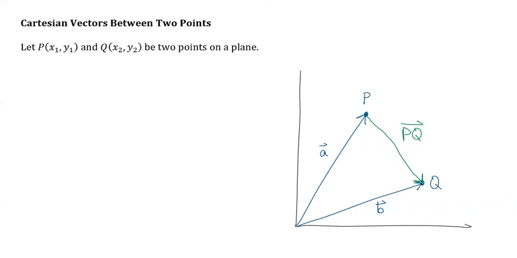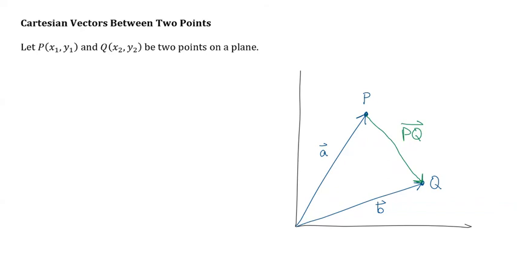Don't you remember what we did before? Negative A plus B. So I start at P, negative A will take me down to the origin, and then plus B will take me along B to Q. And I've gone from P to Q. So very good.